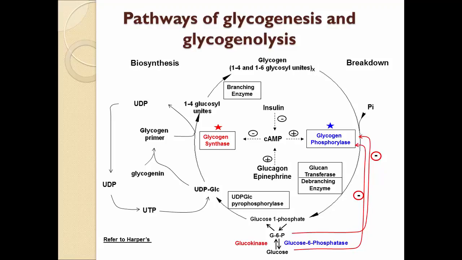And also, this is a sort of negative feedback regulatory mechanism. When we have a lot of glucose 6-phosphate and glucose, these two are the key substrates that can inhibit glycogen phosphorylase, to inhibit glycogen breakdown, right?